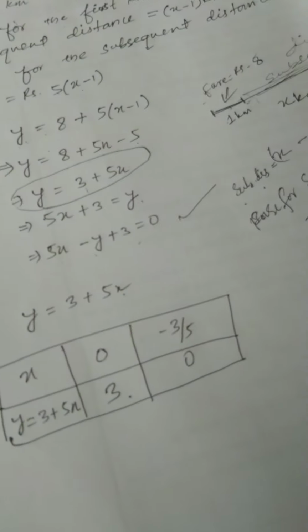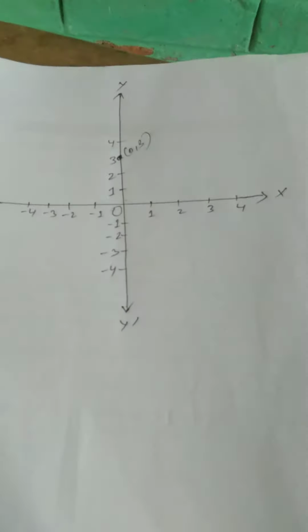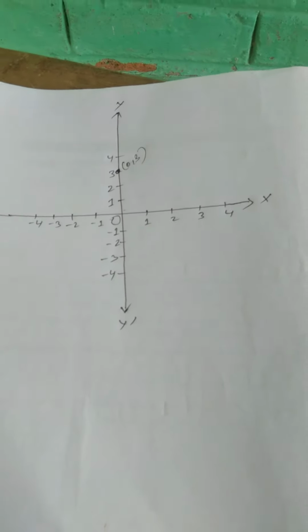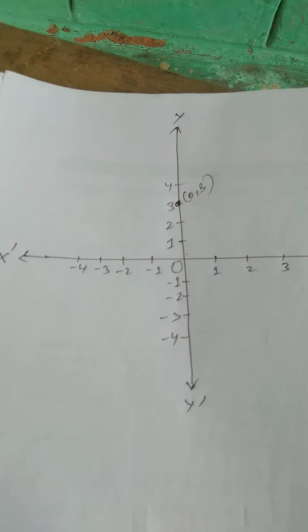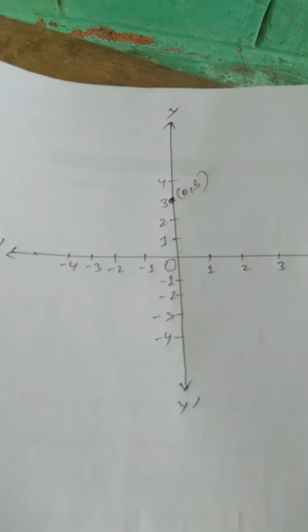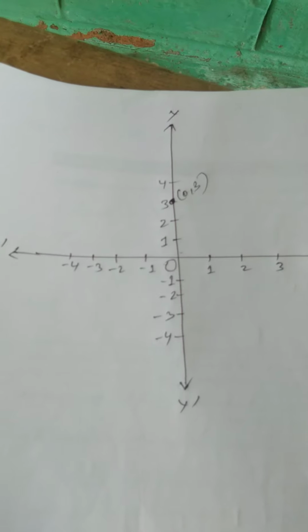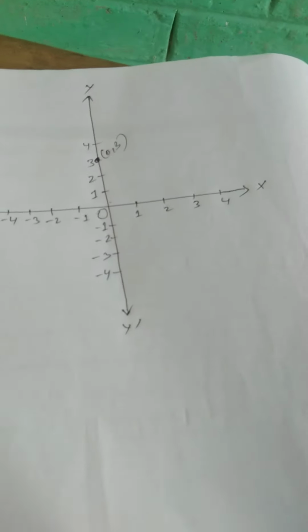Then second, x is minus 3 by 5 and y is 0. Where will minus 3 by 5 be?